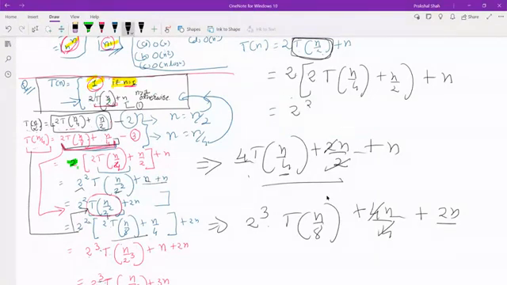So that is 2 raised to 2 t. It will be multiplied to this term also, right? Yes, sir. Like this, right? So this first term is over. In the second term, can't it be like 2n by 2 plus n? Yes, sir.